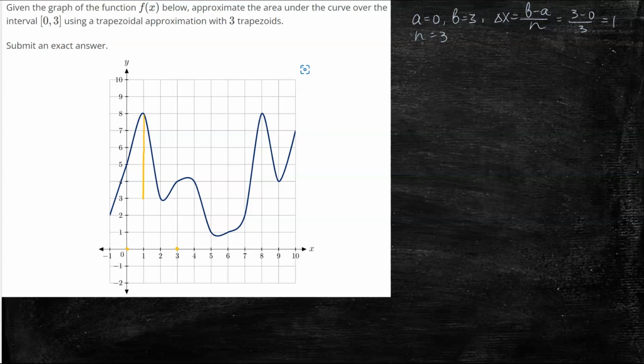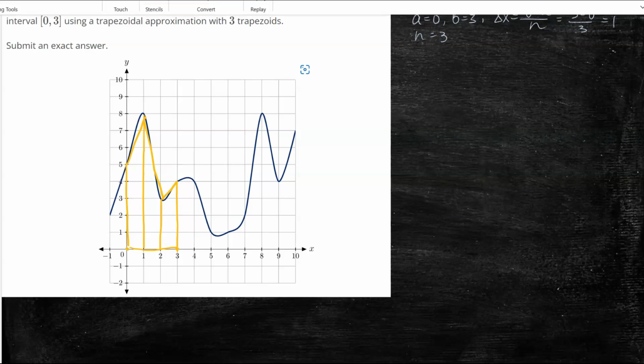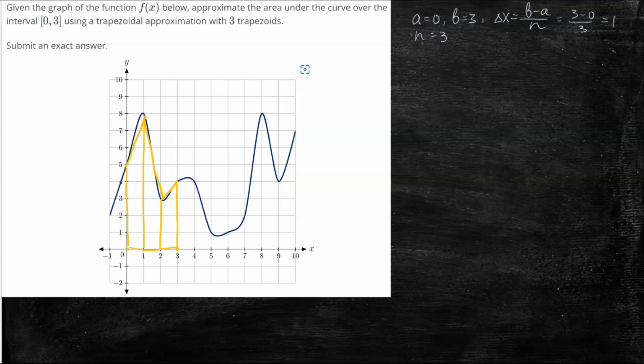And geometrically this is what it's going to look like. We're going to have this trapezoid, then this trapezoid, then this trapezoid. So we can look for the area of those trapezoids geometrically.